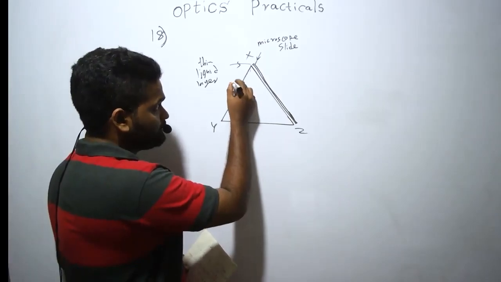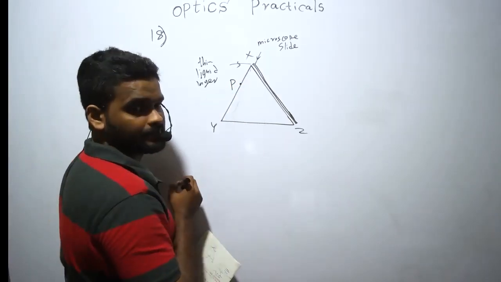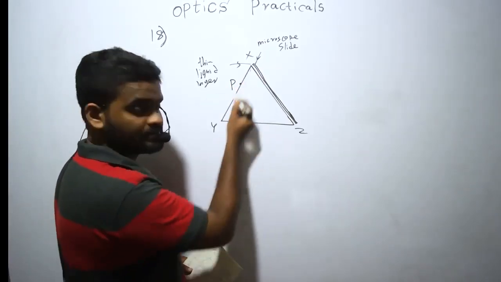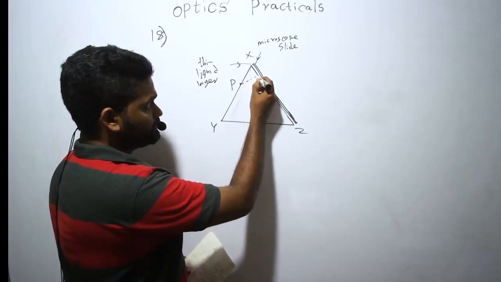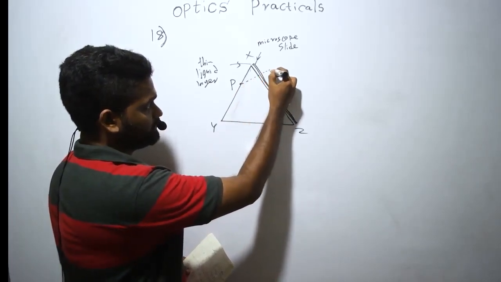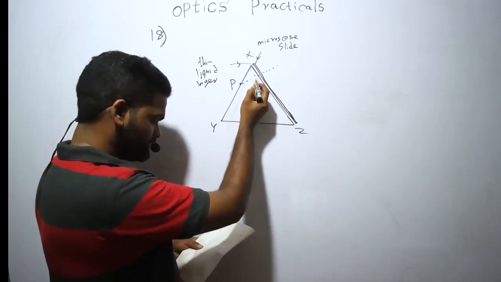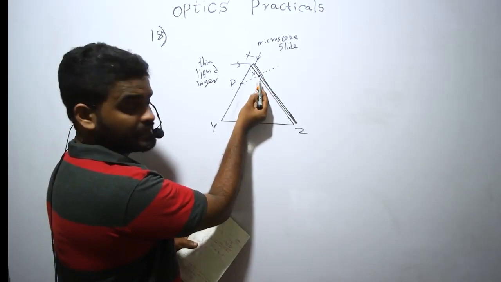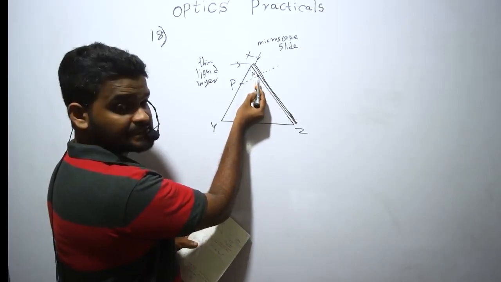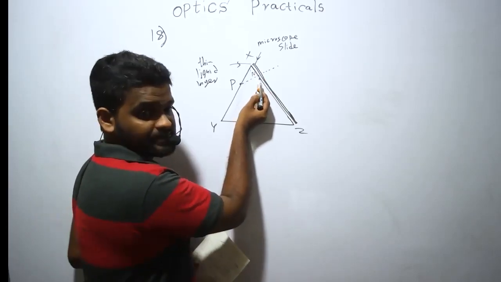So you place the optical pin here, in contact with the XY side. Then that is going to create an image. Let's say this is PN. N is this one, right? Interface of the glass. Understand?